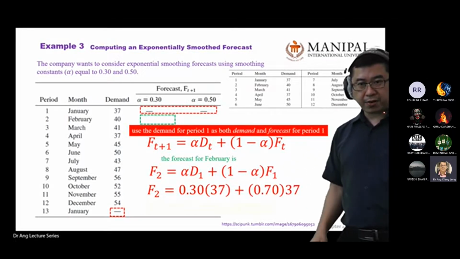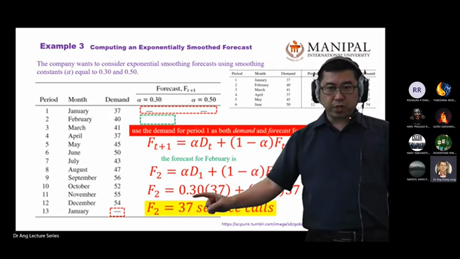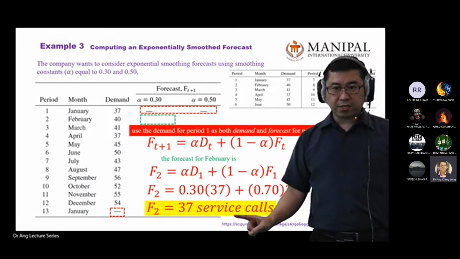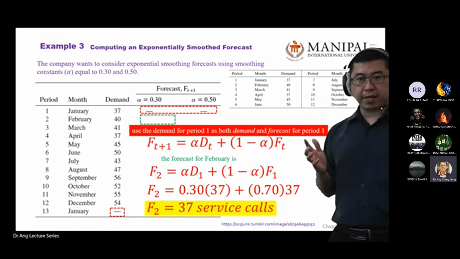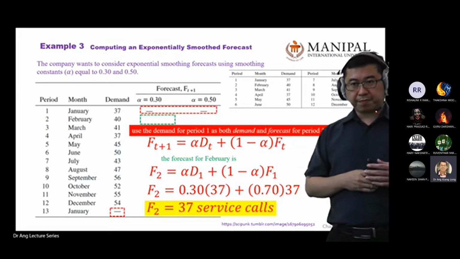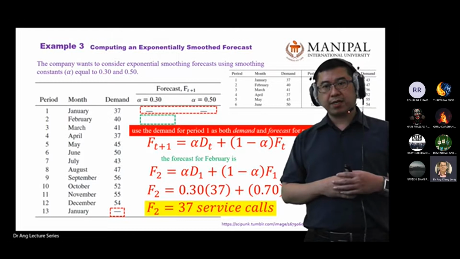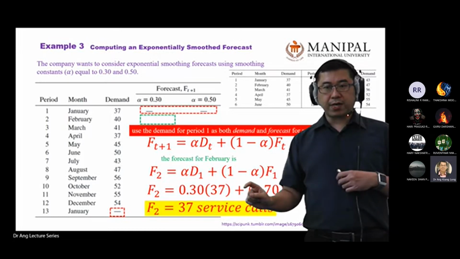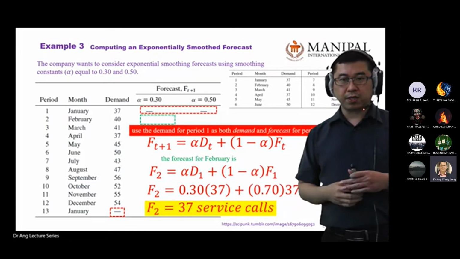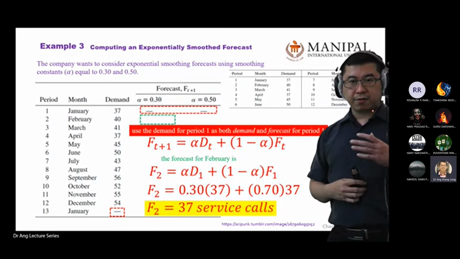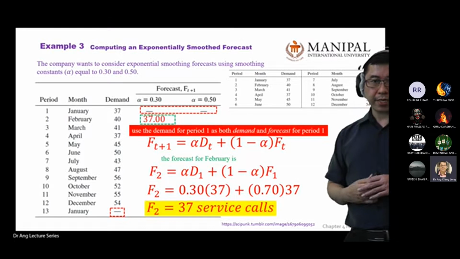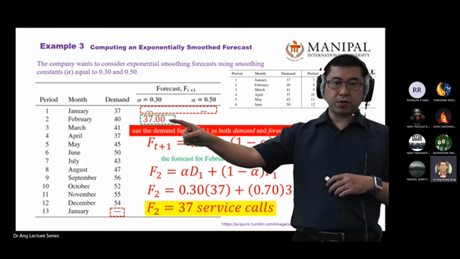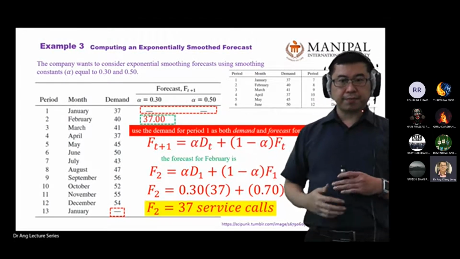You press your calculator and you get F2 equal to 37 service calls. Because the company wants to know the expected customer demand, you calculated 37 service calls expected for February. You write 37.00 in this column.